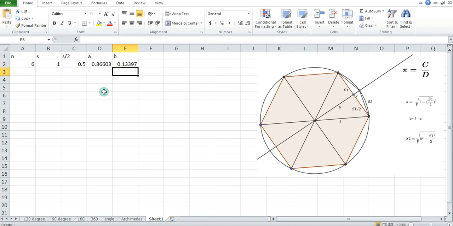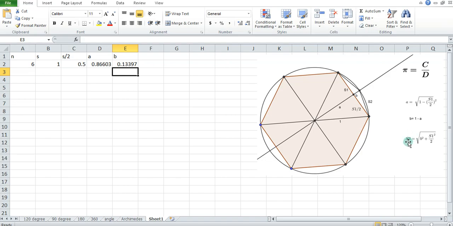So when we press enter, the value for this small space b is 0.13397. So we found a, we found b.